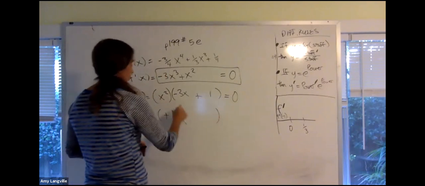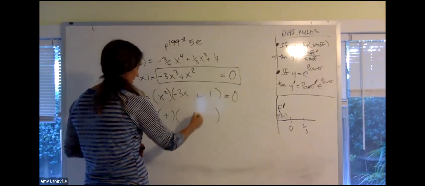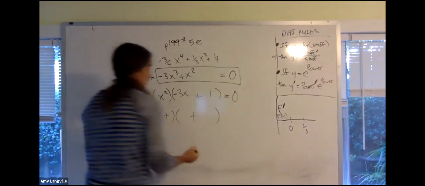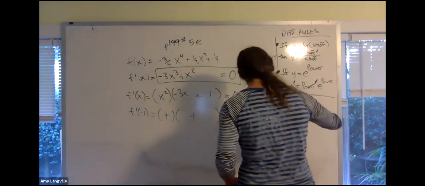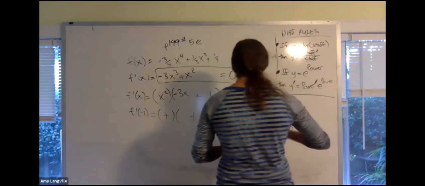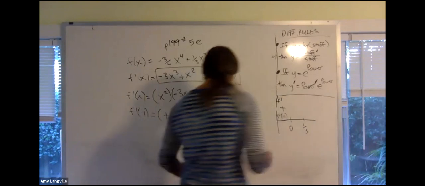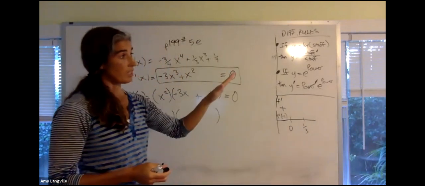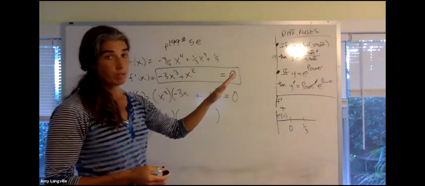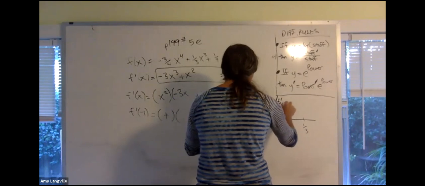And then -1 times -3 is +3 plus 1 is positive. A positive times a positive is a positive. So that first interval from -infinity up to 0 gets a positive sign because it is increasing. And that's what that actually means. That plus sign means your slope of the tangent line is positive, therefore you're increasing. Again, when you're writing that little plus sign, you're really saying it's increasing.